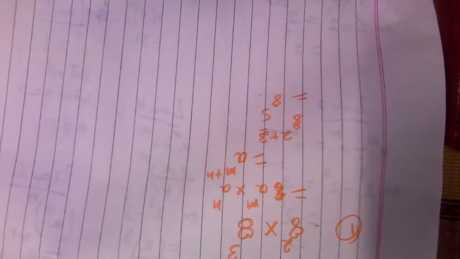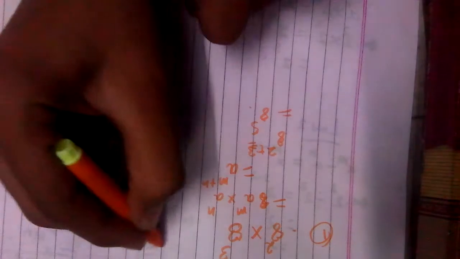Let me change the color. Right. And the next question: x to the whole power y into y to the whole power y by y to the whole power y into 2 squared will be equal to what? Let it be y.